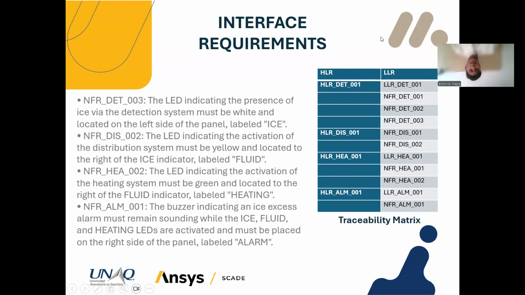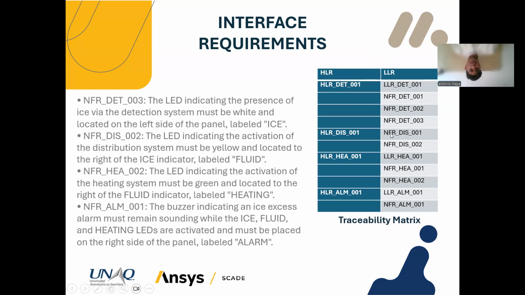So these are the requirements in a traceability matrix. Basically, we have the measurement system that is going to indicate whether the icing conditions are present at that moment. And we have low-level requirements associated to this, and non-functional requirements also, which are basically the interface.